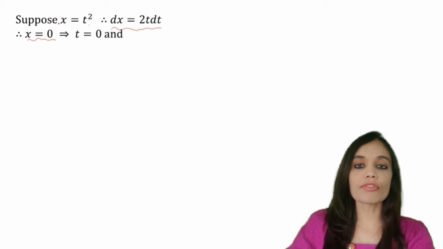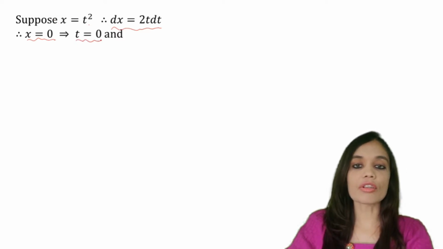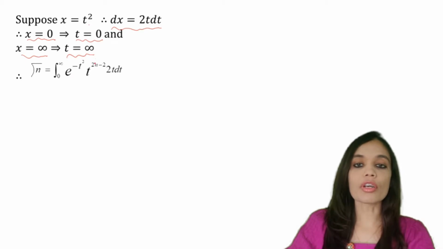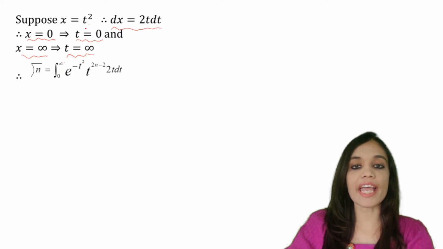If you put x equal to 0 here, you will get t also 0, and if you put x equals infinity, t will also be infinity. Therefore our gamma n equals integration 0 to infinity, where we have replaced x by t square, so e raised to minus t square, t raised to 2n minus 2, into 2t dt.